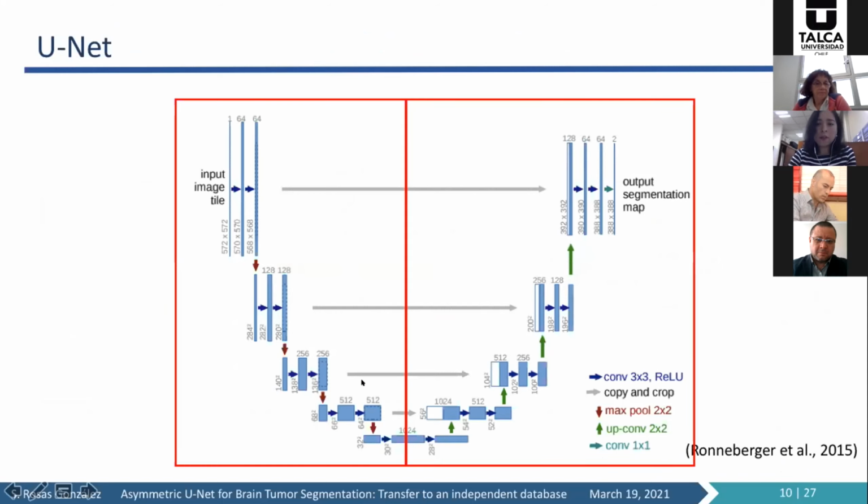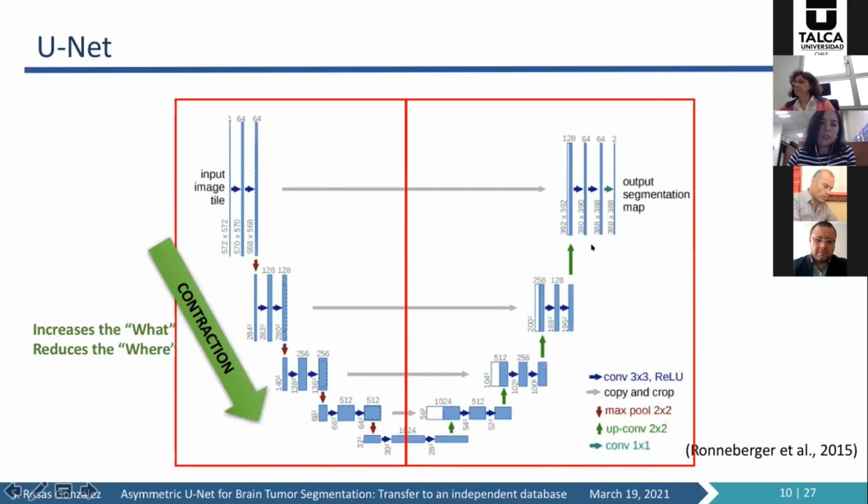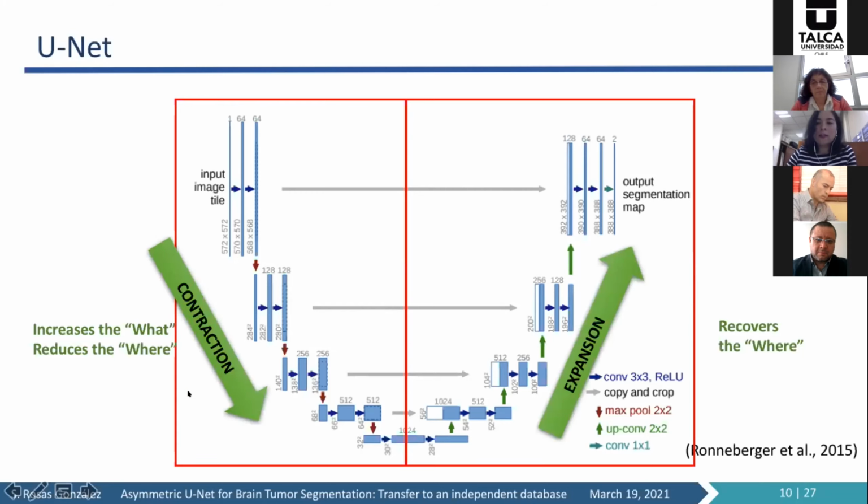The second part, called the decoder, recovers the image size and extracts object representation and global information. In other words, the contraction path increases the what and reduces the where, and the expansion path recovers the where. By combining both kinds of features from the encoder and decoder, we obtain a high-resolution segmentation map.